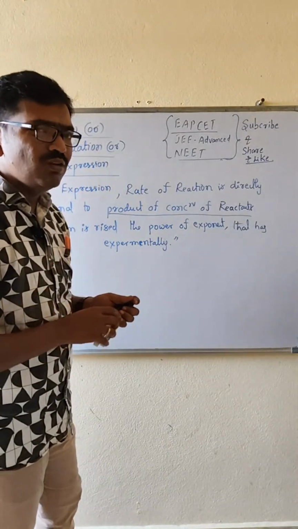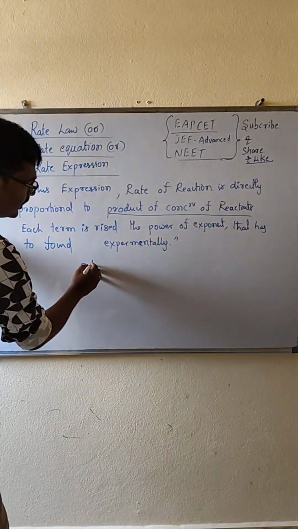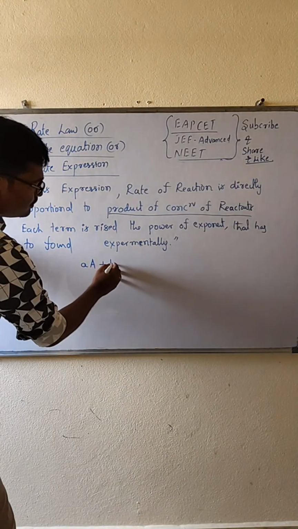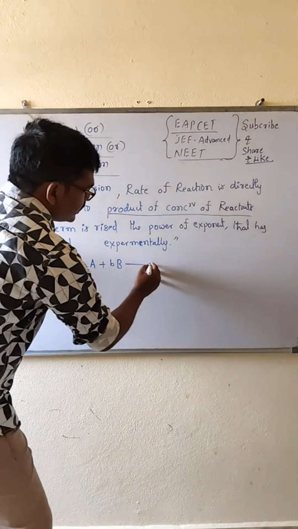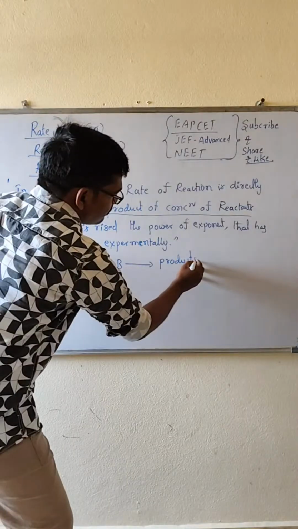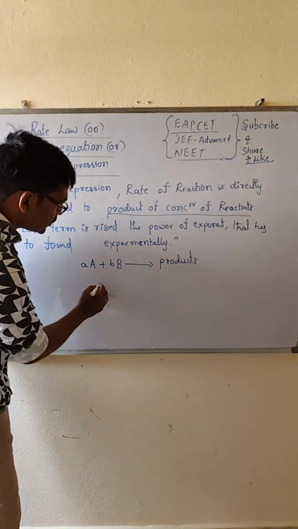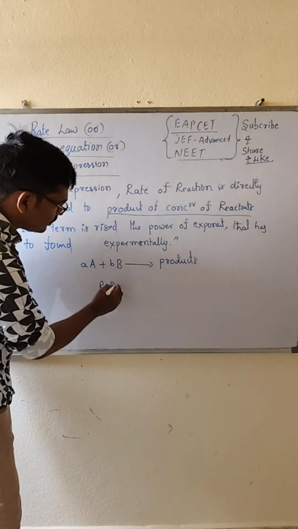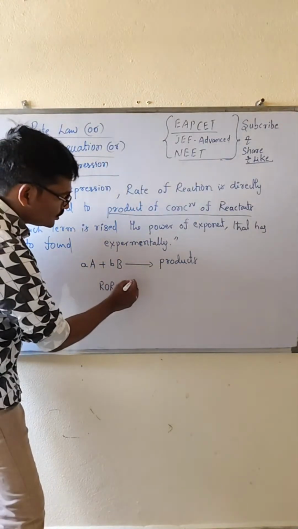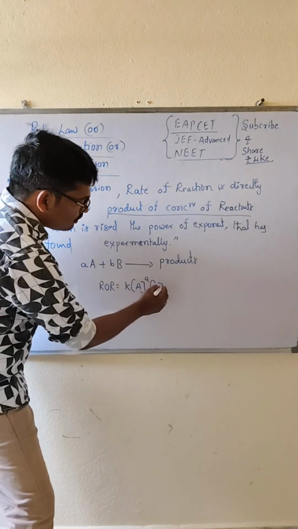What does it mean? For example, take A plus B giving rise to products. To note the rate of reaction for this equation, rate of reaction equals K into A to the power of a, B to the power of b.